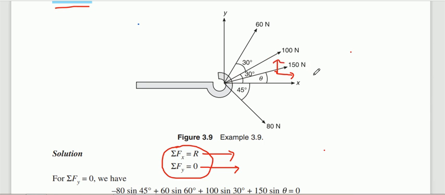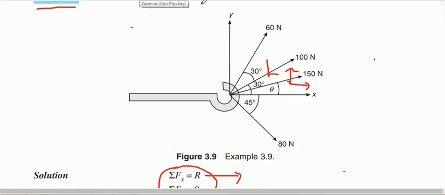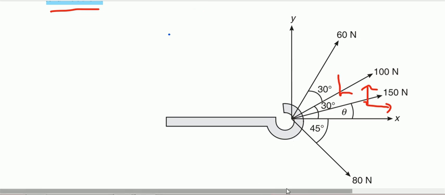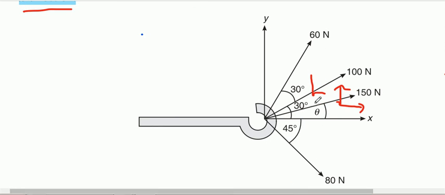150 cos theta is your horizontal component, 150 sin theta is the vertical component, and again this 100. Just observe the figure carefully. Is it 30 plus theta or theta?